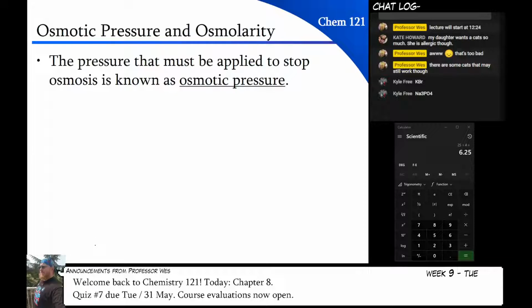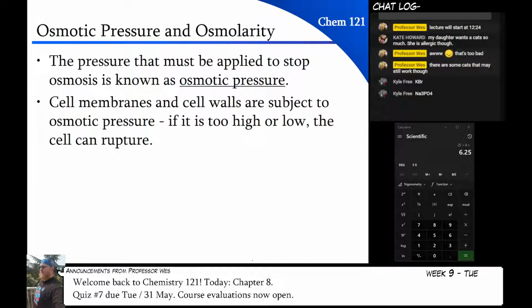So osmotic pressure is the pressure that is applied against osmosis. It stops it essentially from happening. Osmosis itself exerts a pressure because it's a force going in a certain direction. The counter to that we call osmotic pressure. Now, cells are very, very susceptible to osmotic pressure.